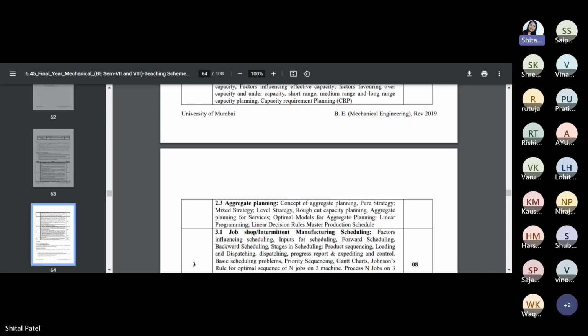And of course, a very important topic, that is a short note for master production schedule, MPS. Most of the time in examination, this short note has been asked, or otherwise in terms of a partial question.